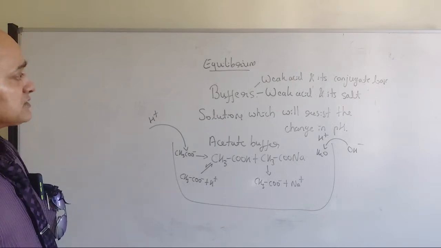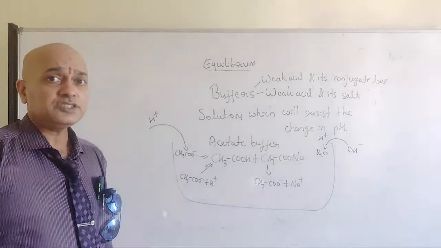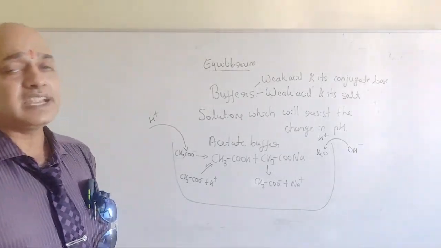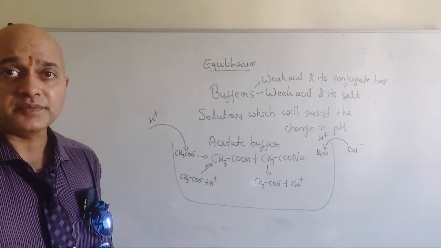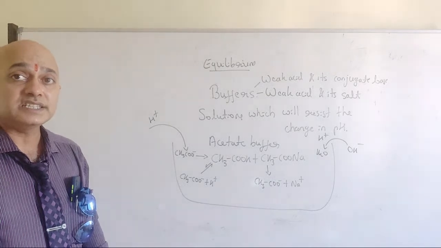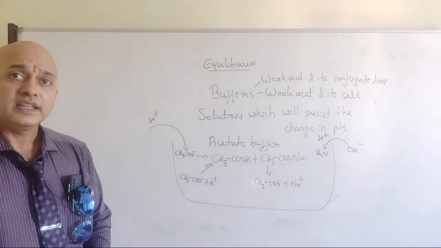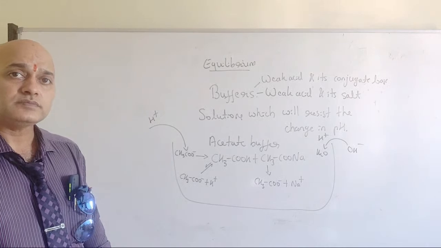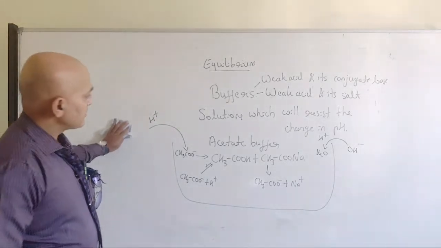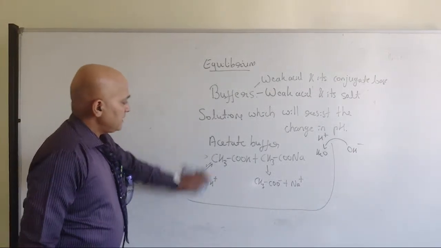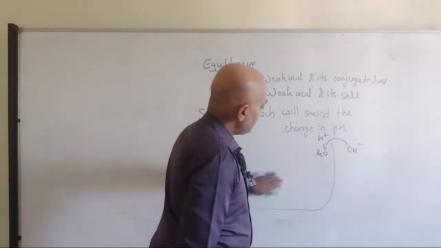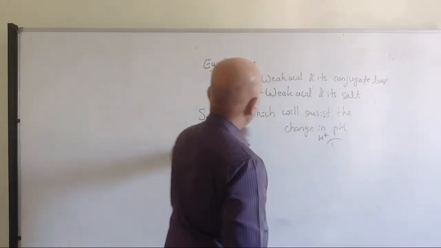Either you can tell it's a solution which will resist the change in pH, or that it is a solution of a weak acid and its salt. Anything is fine. This one, which resists the change in pH, is more appropriate, no doubt. Any doubts? If you are not having any doubts, by this we have finished the equilibrium.